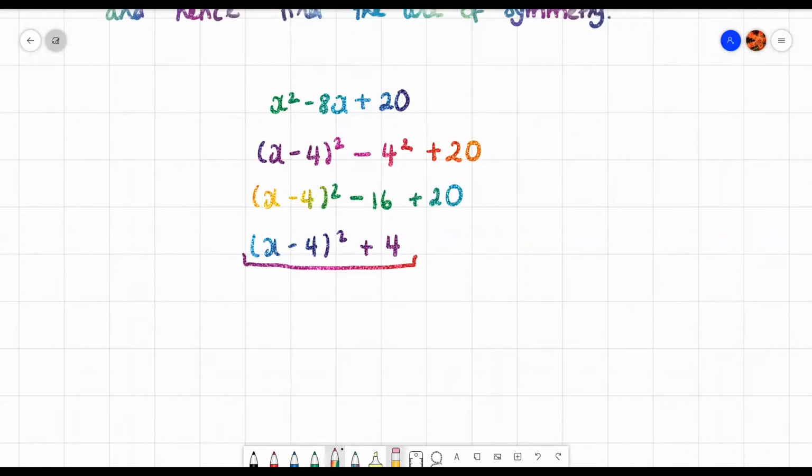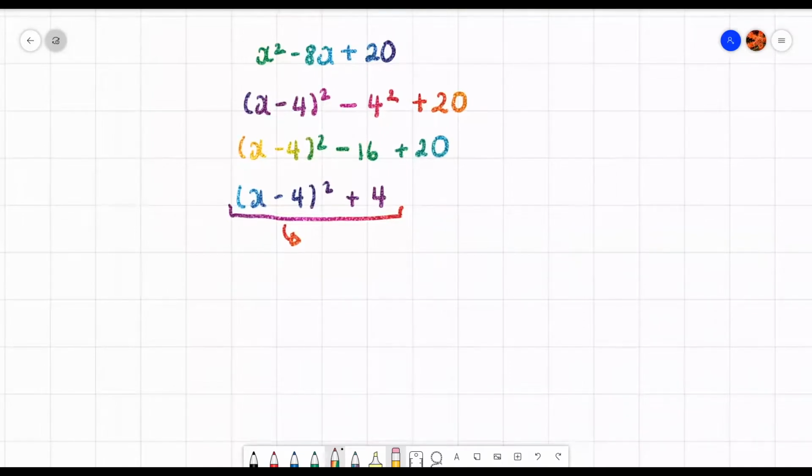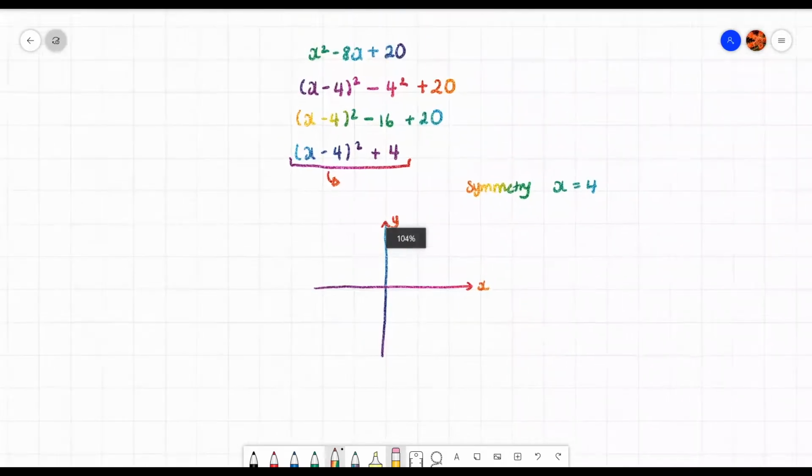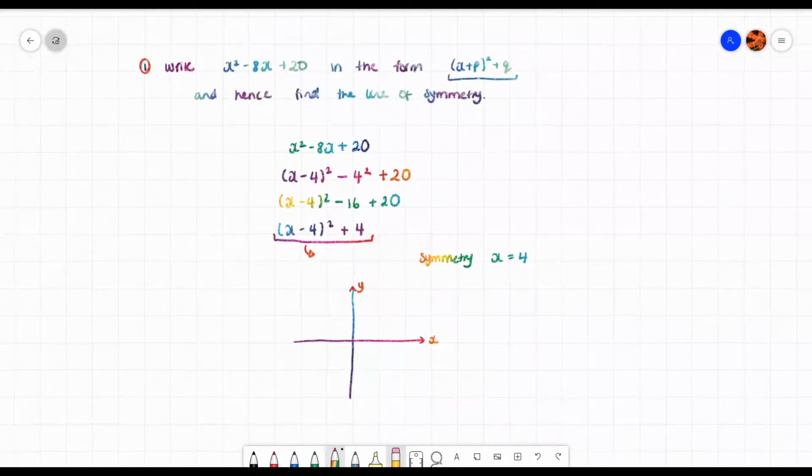Then it's asking you to work out the line of symmetry. Well, the line of symmetry is just this number here, but the opposite of it. So that's a minus 4, so your line of symmetry would be x equals positive 4. And all that means is if I draw my graph out, that's y and that's x. If we look back at the top equation, that's a quadratic equation, isn't it?